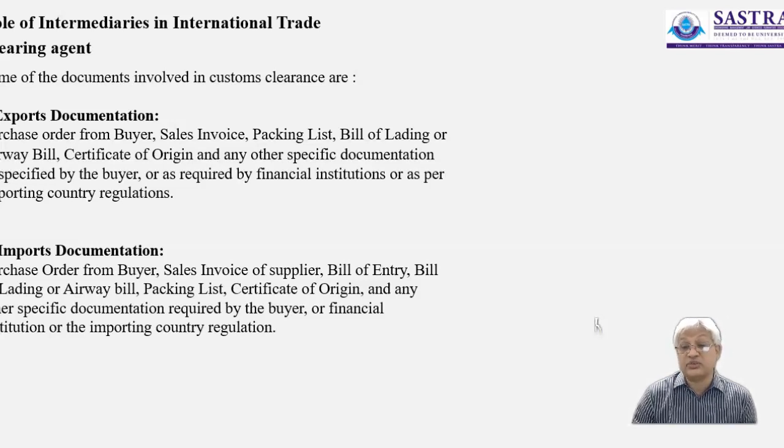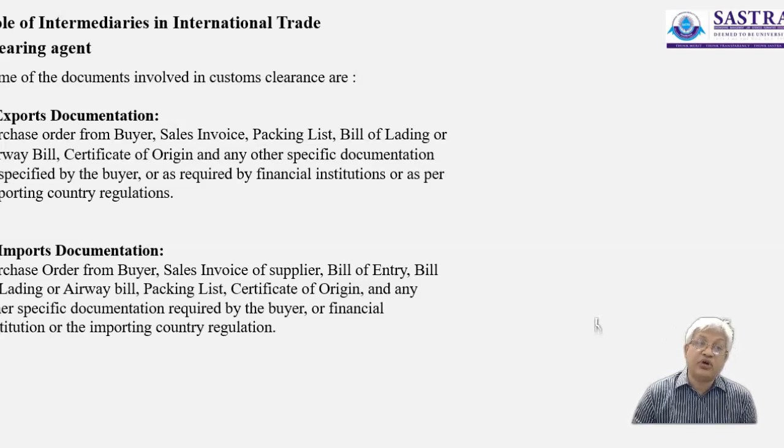Certain approvals, certain stamping, or those required by the financial institutions, that is the banks, as per the importing country regulation. Most of these documents we have already covered. Now, look at the import documentation.